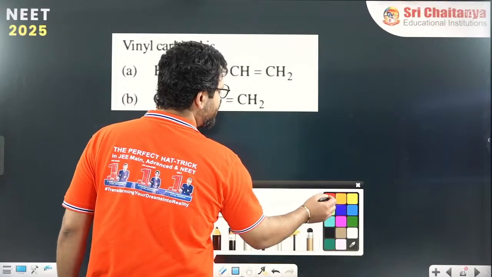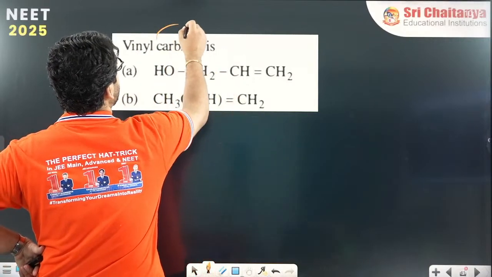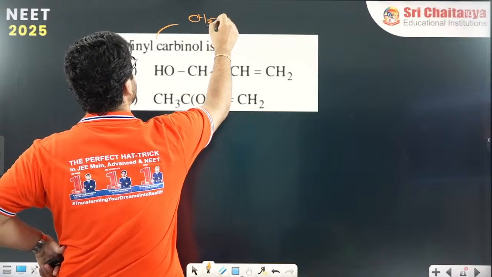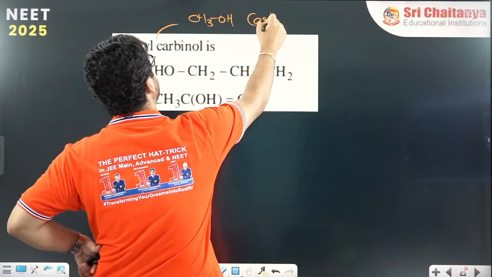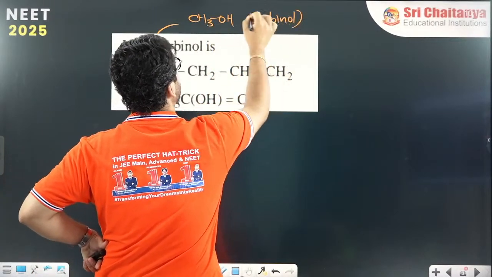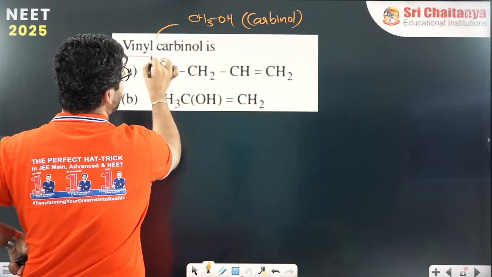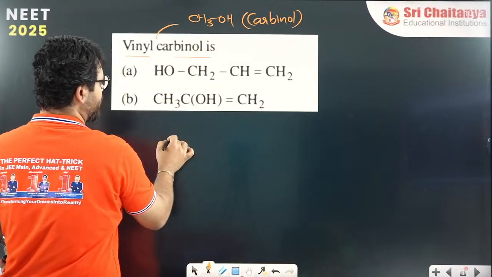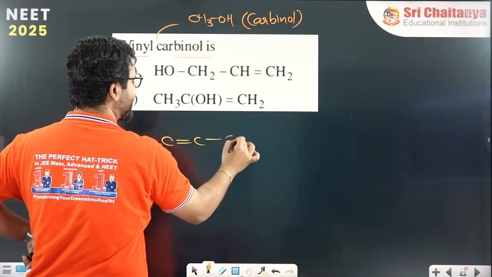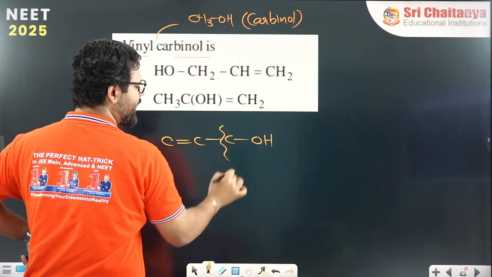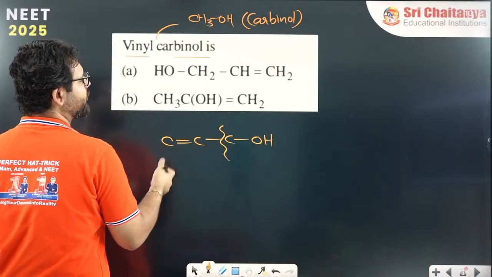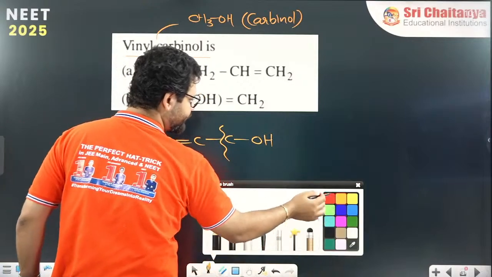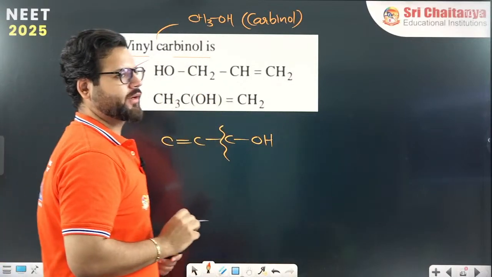Okay, carbinol is a name given to methanol. Methanol is called carbinol. So vinyl carbinol means a vinyl group attached to methyl alcohol. So this is vinyl attached to methyl alcohol. So this is carbinol, this is vinyl carbinol. So option 1.